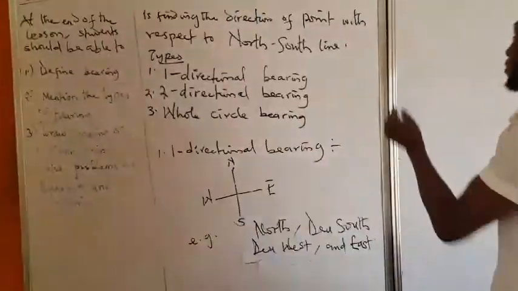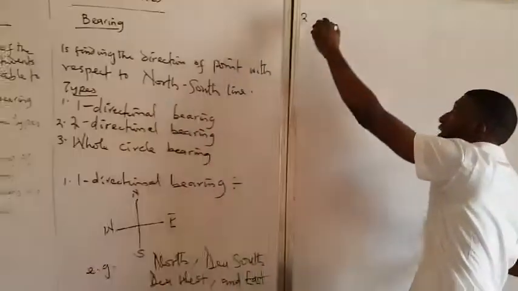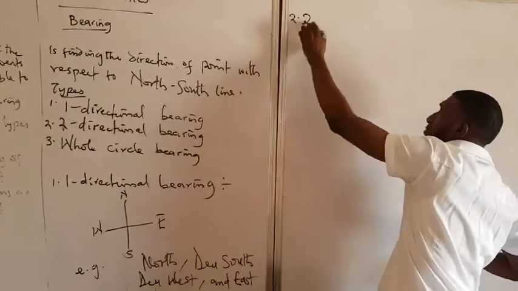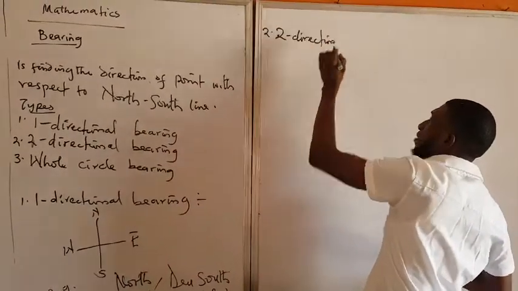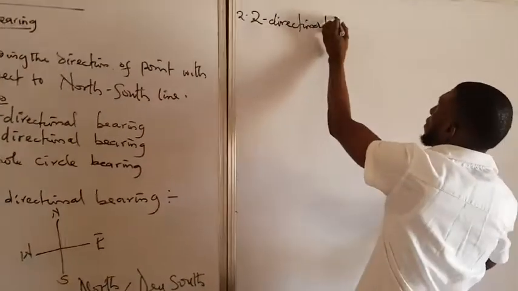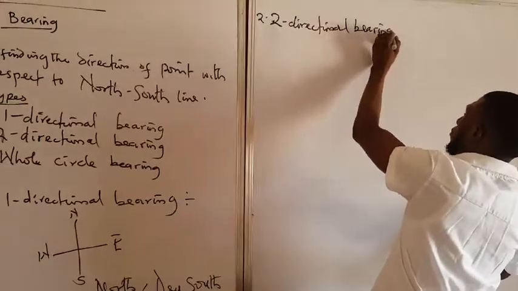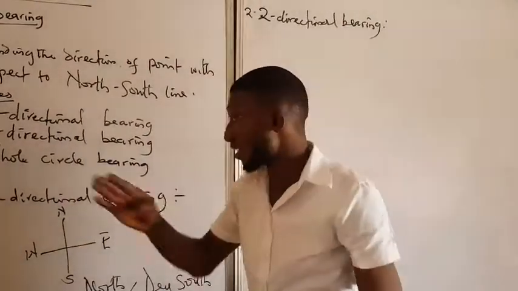The second one is two directional bearing. Two directional bearing is where the direction is given in between, either the north or the south.